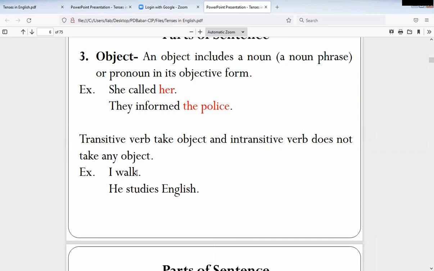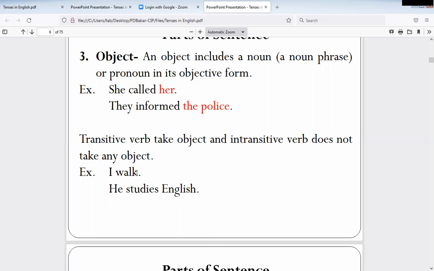Intransitive means having no object. So an intransitive verb does not take any object, but a transitive verb takes an object. Let's see the next example.